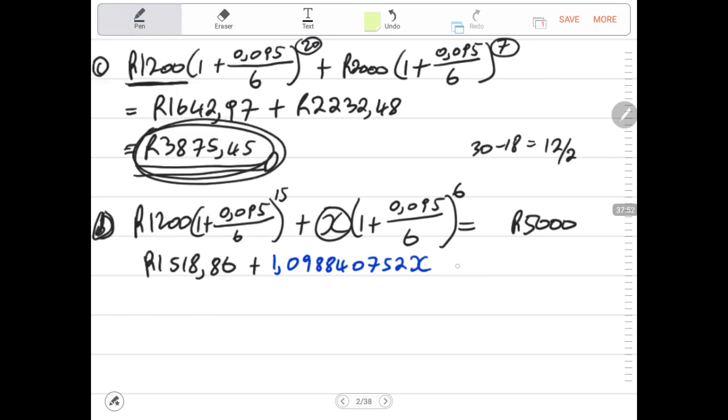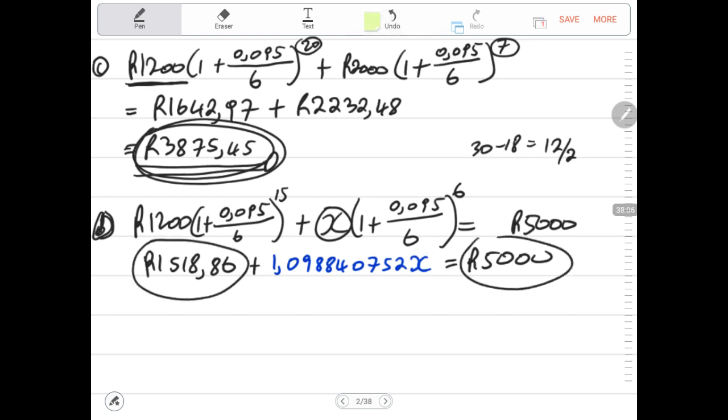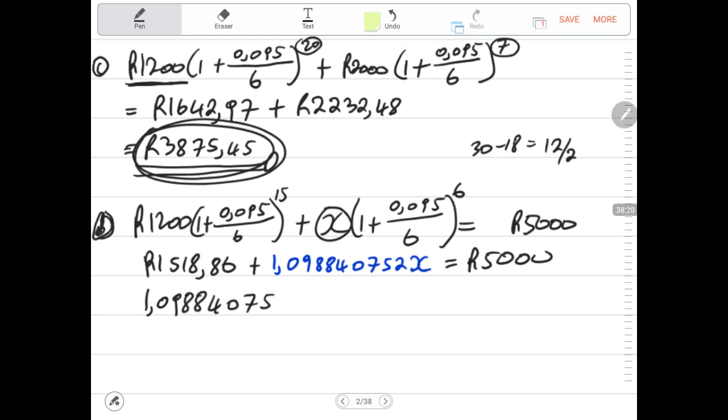Then after we say equals 5,000 rands. This figure has x in it, so we must keep the like terms on one side. This is the whole number, there's no x. So if that is the case, we say 1.098840752x is equal to 5,000.